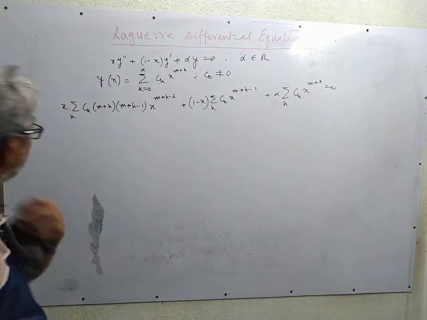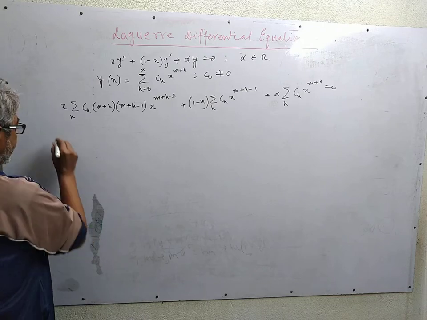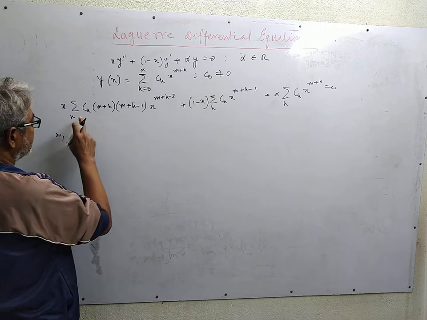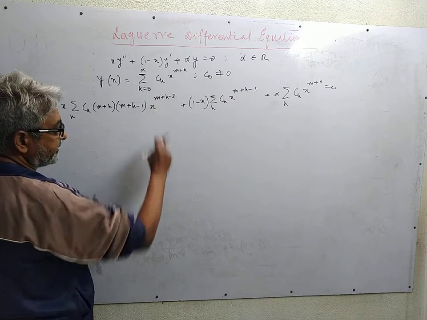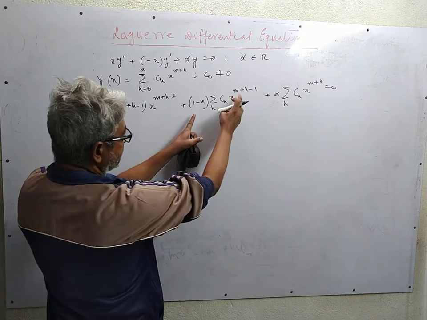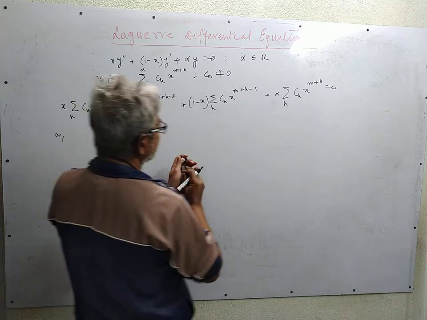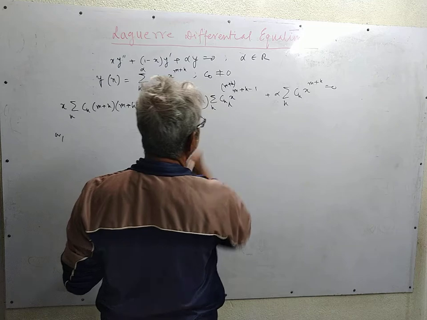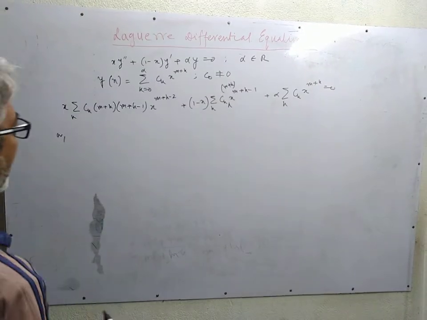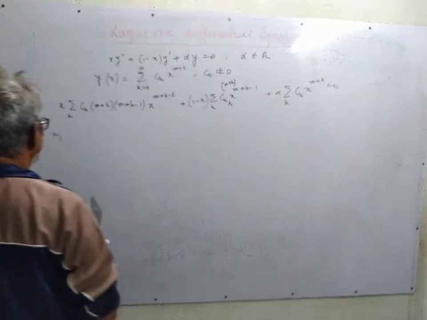Now, if we rearrange the terms, we see that this leads to a power x to the power m plus k minus 1, which has another contribution. Sorry, I have missed a term, m plus k over here, which has a contribution from this.